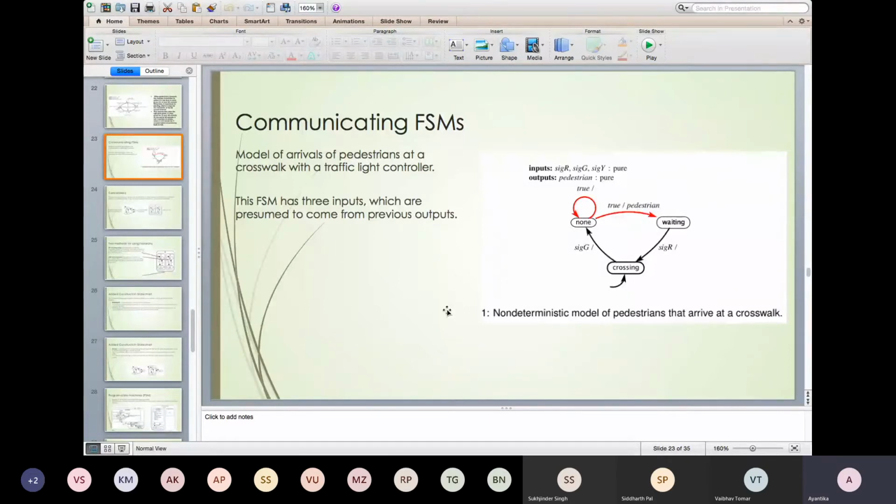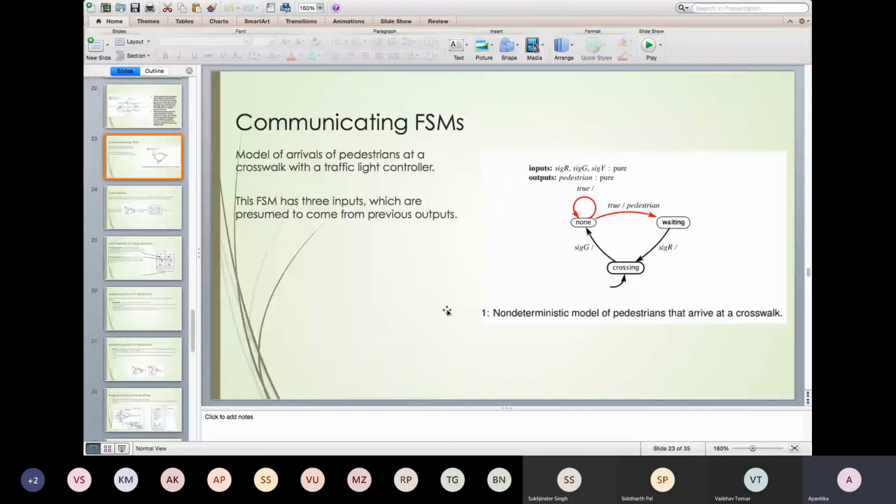Whatever may be the case, so far we have understood that at this point, we are not talking about a single FSM. We are talking about two dependent FSMs. One is our traffic light controller and another is our pedestrian FSM. And both are actually running concurrently and sending inputs to one another. This pedestrian FSM is giving input to my traffic light controller, that is my pedestrian control input.